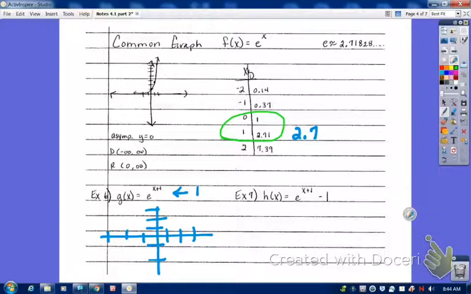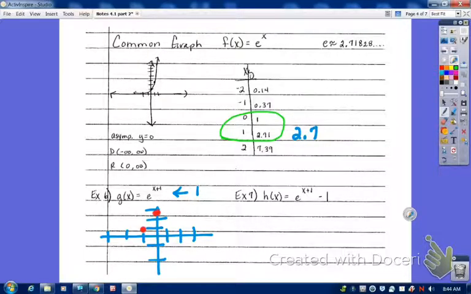All right, so we're moving everything to the left 1. That will not move our horizontal asymptote. So 0, 1 was on our original graph, and we're going to go to the left 1 there. And 1, 2.7, we're just going to estimate, and that will go to the left 1.